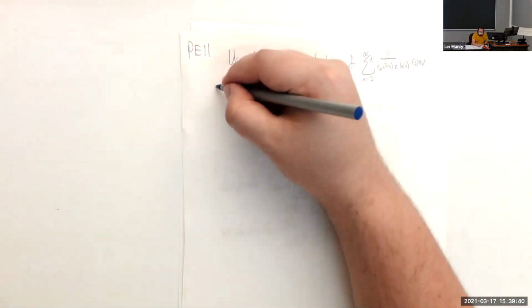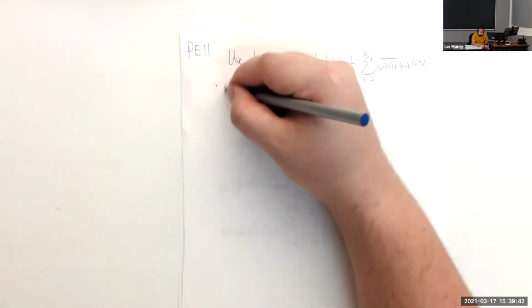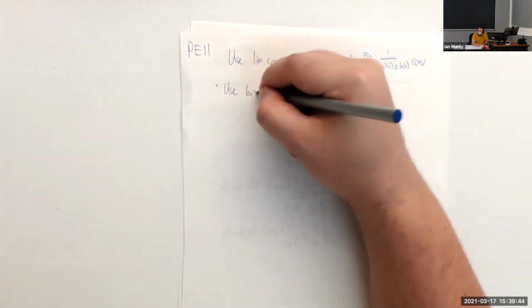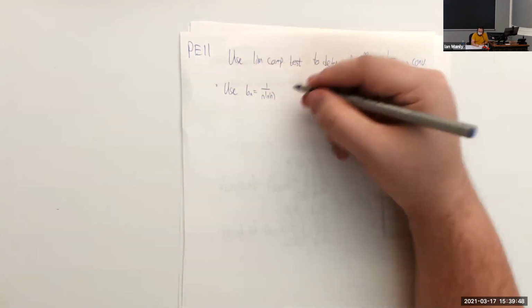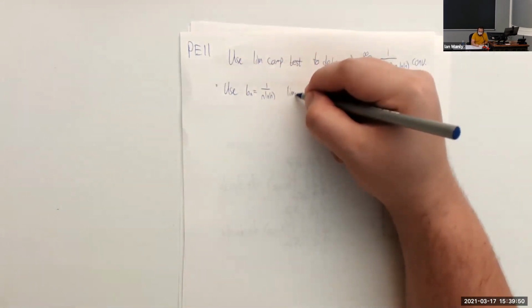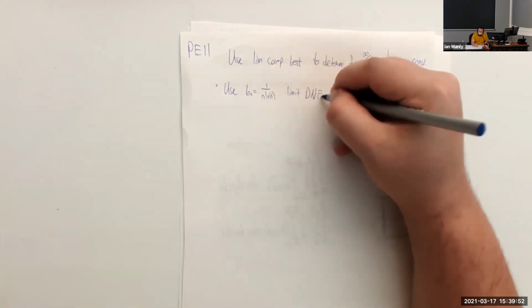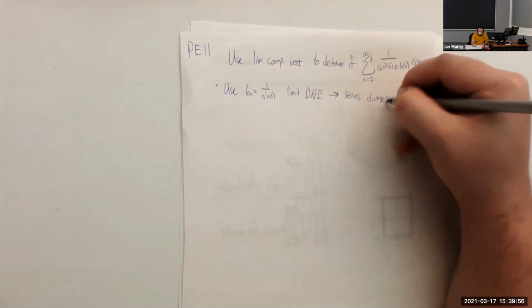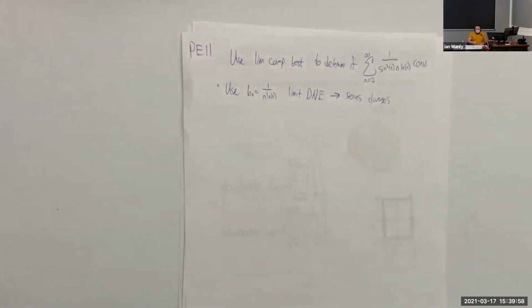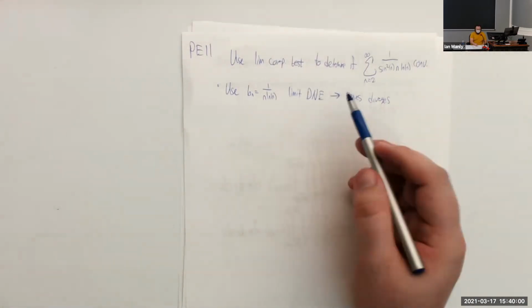Okay, so the first option I have on my screen is use Bn is 1 over n ln of n, and the limit does not exist, so the series diverges. Now, we actually don't even need to do a limit to see why this one is wrong.